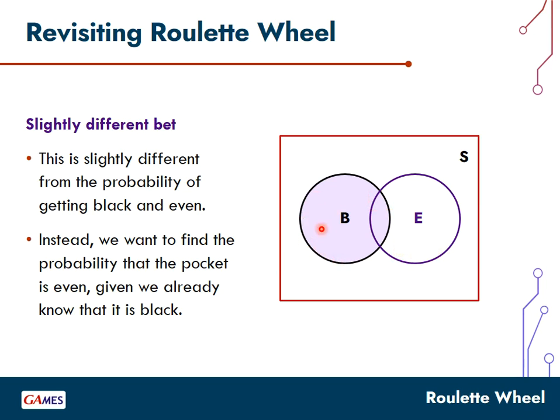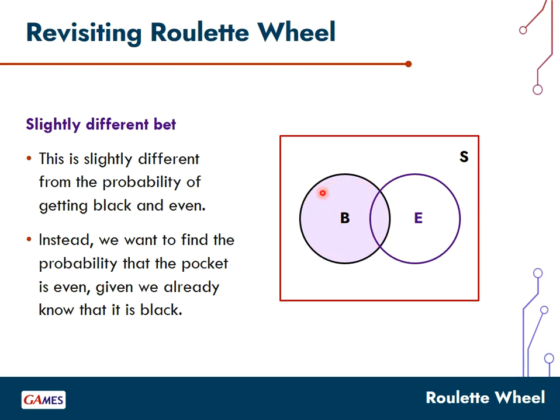So in this sample space black, show me all the outcomes that are even. It is those number of outcomes I now want to consider and divide by the total number in the sample space, which in this case has reduced to the number of elements in B, the number of possible outcomes you have for a black event.